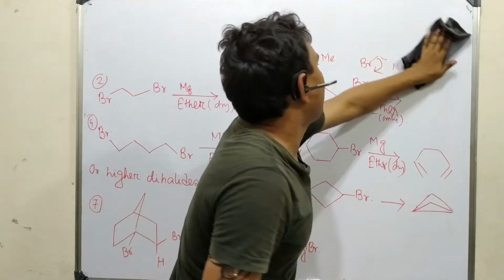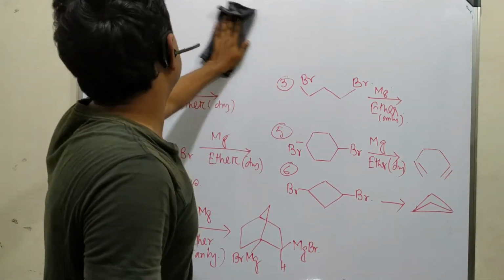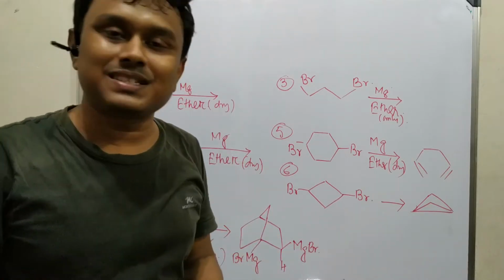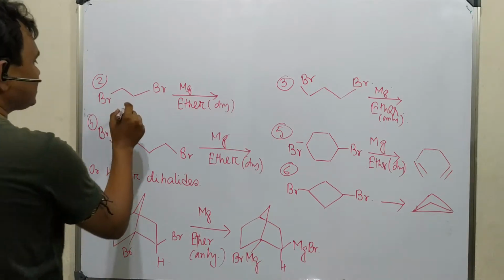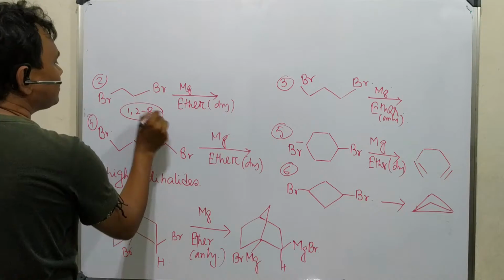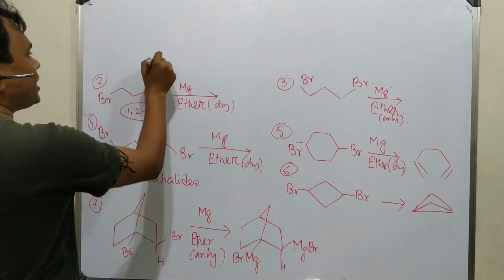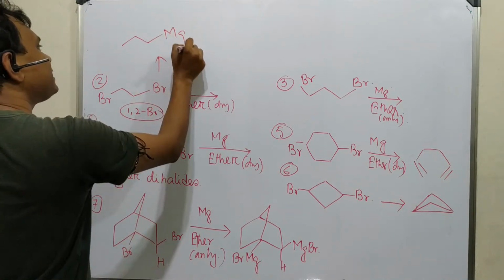Now let's discuss the second problem. The previous example was a 1,1 dibromide. Now it is a 1,2 dibromide. If we provide magnesium, what is expected is that it will form the magnesium bromide.